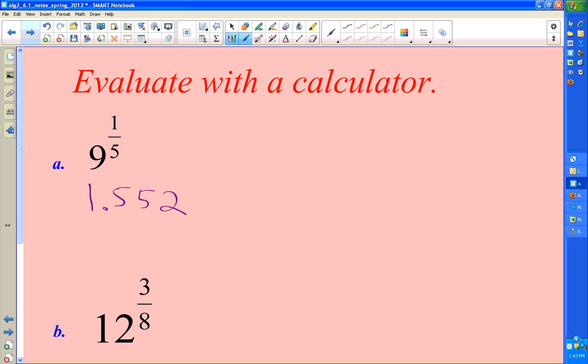Is anyone not able to come up with this? Because I want to fix it right now, because we're going to do a bunch more stuff. You need to make sure you can use your calculator. You have to do 1 divided by 5.